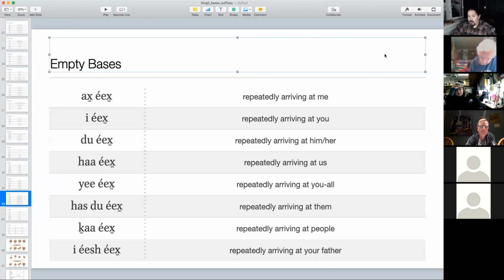So you can also have the underline X, and this you would use for repetitive forms, right? Everything has a spirit.